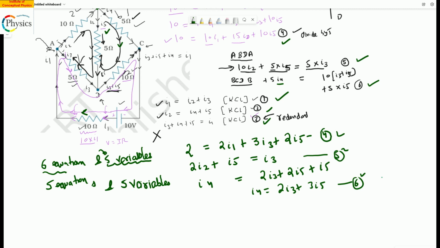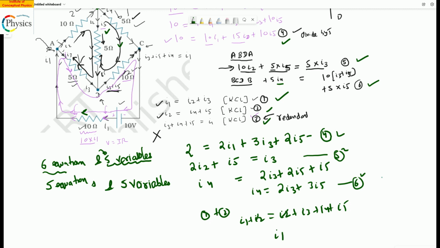If you look into equations number 1 and 2 very carefully and add 1 and 2, you will get I1 plus I2 is equal to I2 plus I3 plus I4 plus I5. So your I2 will go away.